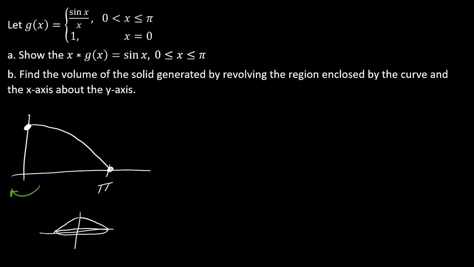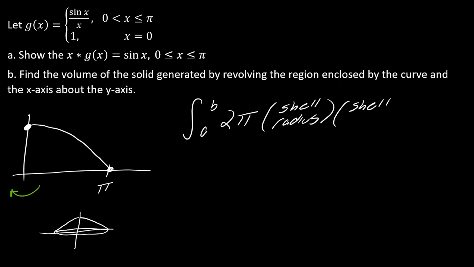So that's the method that we're going to want to adhere to. Okay, so what's the formula for cylindrical shells? In general, it's 2 pi, and then we've got the shell radius and the shell height. And since we're revolving around the y-axis, this is in terms of dx.